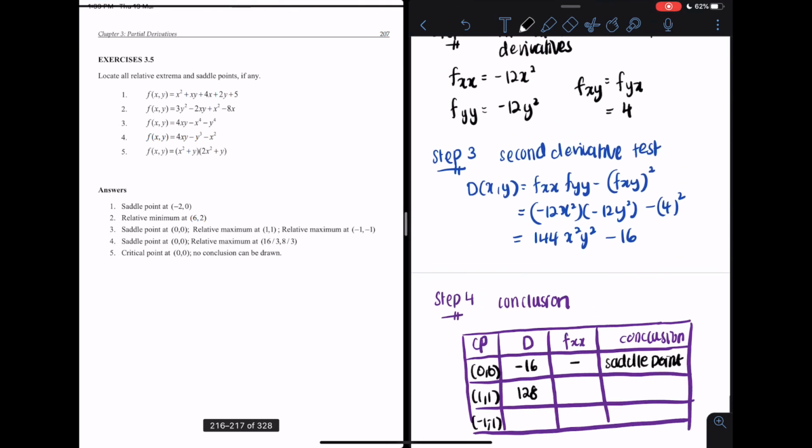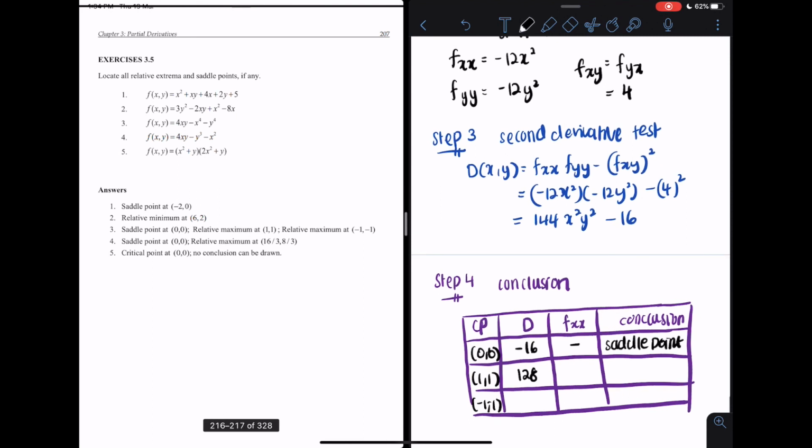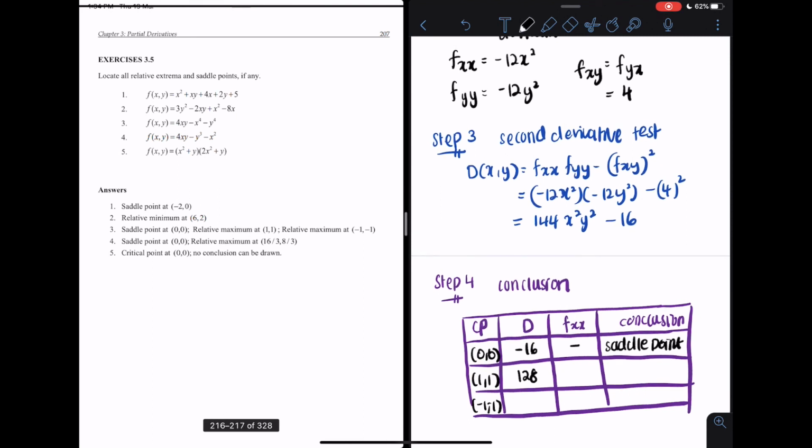In this case, fxx equal to negative 12, which is relative minimum. No, relative maximum.